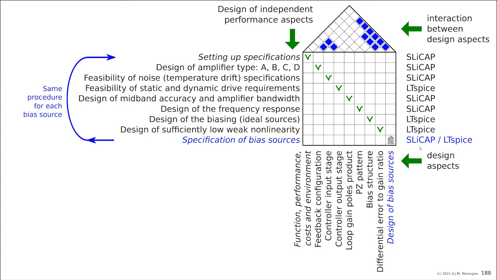But what you also see in daily design practice, because everyone is working either completely in LTspice or in Cadence, is that you have to work with the biasing all the way, because you cannot do any noise simulation without the biasing. And that is the advantage of SLiCAP. We only need to do the biasing at the moment we need it, at the moment we need to talk about nonlinearity.